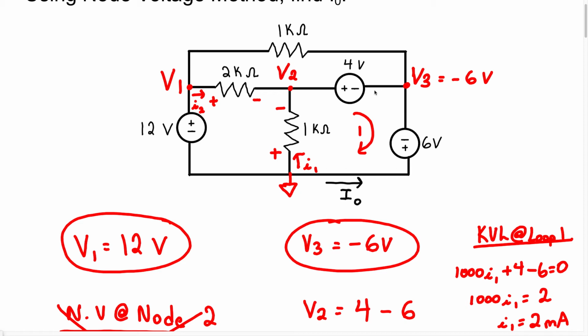We're going to assume that the current is going to go this way. So we have this current coming in, this current coming in, and they're going to leave to go in this direction here, right? So to find the current going in this direction here, we know all we have to do is we're going to use KCL at node 2.